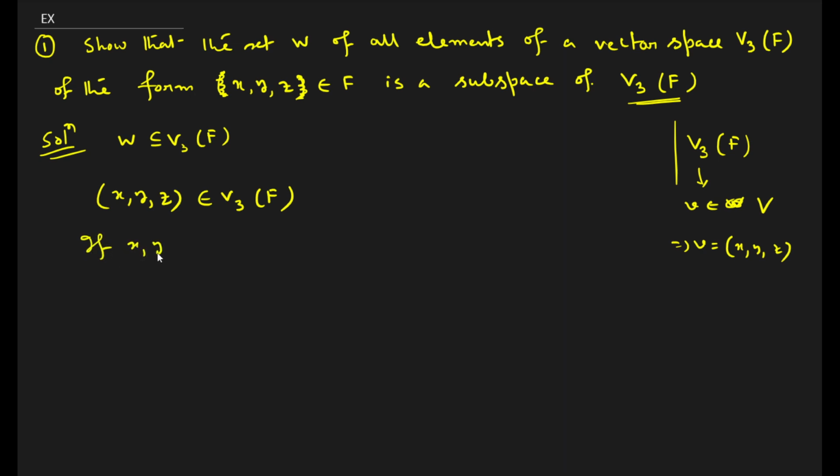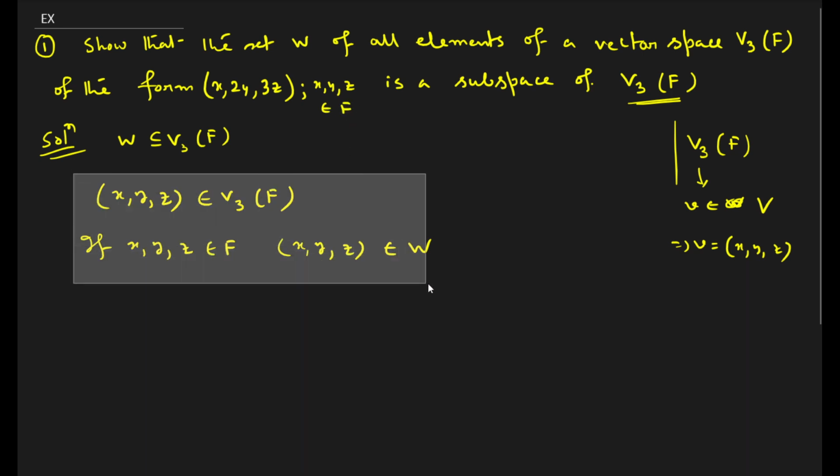If x, y, z are from the field, then it will be in W. If you take x, y, z from another set, then it will not be in W. So take 3 elements from the field and make a triple, then this element will be in W. Here one thing is missing, so let me correct it: of the form x, 2y, 3z. x, y, z are from F.